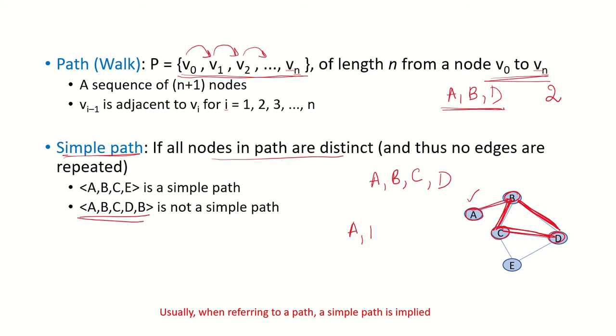But here the node B is being repeated, so we cannot say that this is a simple path. A, B, C, E is a simple path because no nodes are being repeated over here.